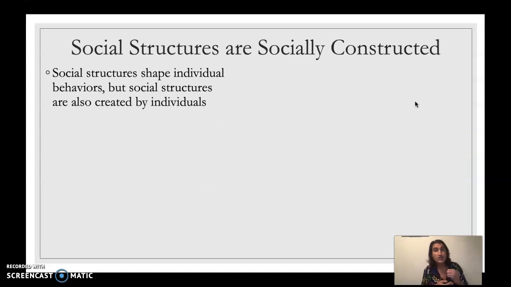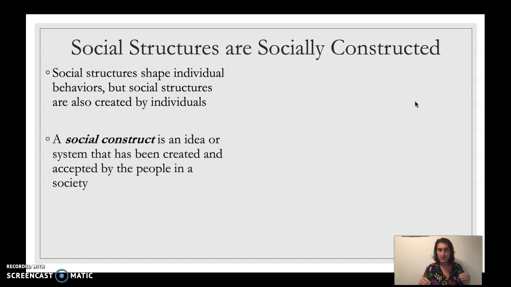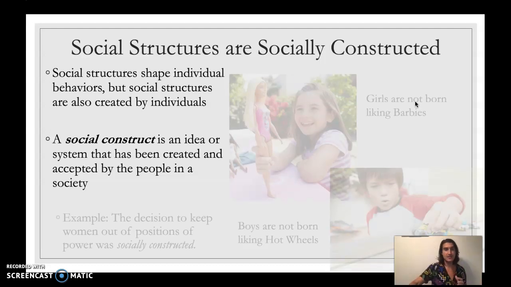So social structures shape individual behaviors, but social structures are also created by individuals. So this is a really important tenet of sociology here. The term social construct refers to any idea or system that has been created and accepted by the people in a society, all right?